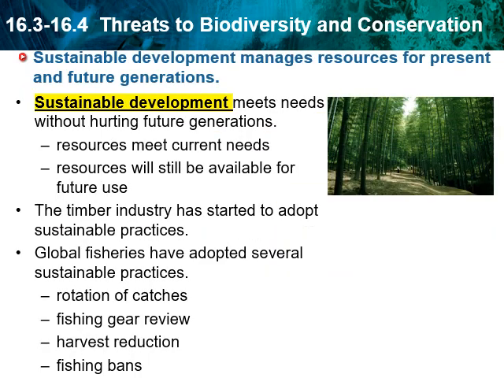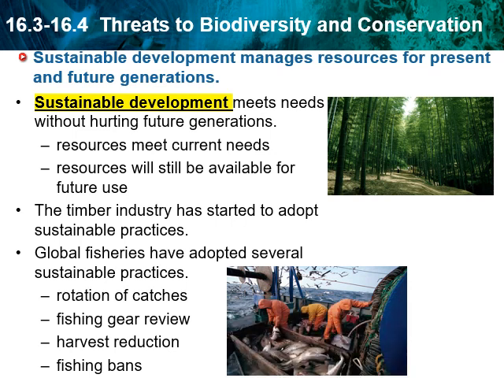Sustainable development manages resources for present and future generations. So sustainable development meets needs without hurting future generations. So we can ensure that the resources meet the current needs and those resources will still be available for future use. Now our timber industry, like our wood, has started to adopt sustainable practices where if they do cut down places, they replant so that they have a cycle of replanting and cutting.